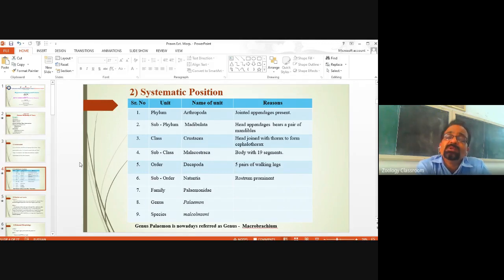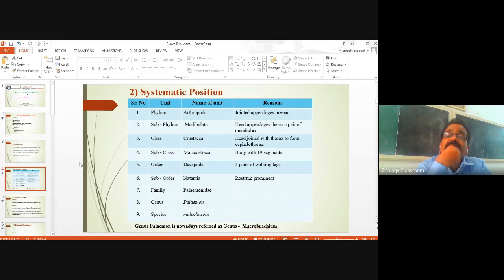So, mandibles are one of the mouth parts in the case of cockroach, but different head appendages are there. We are going to study those head appendages in due course.